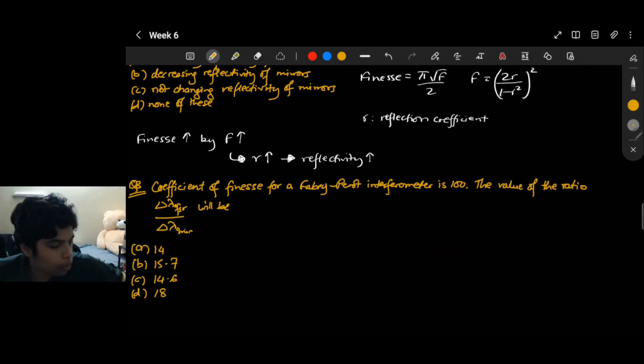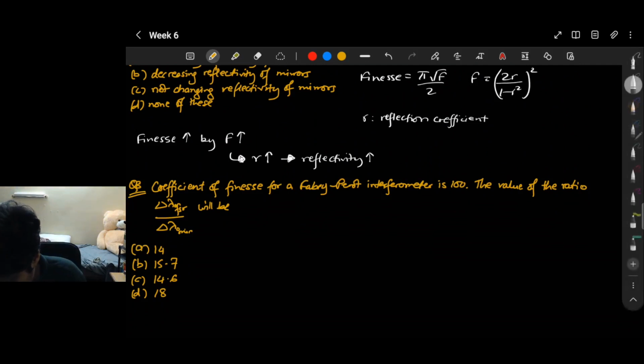Okay, so let us now discuss the answer. This ratio over here is nothing but finesse. This is equal to pi root F by 2, where F is the coefficient of finesse, which is 100.